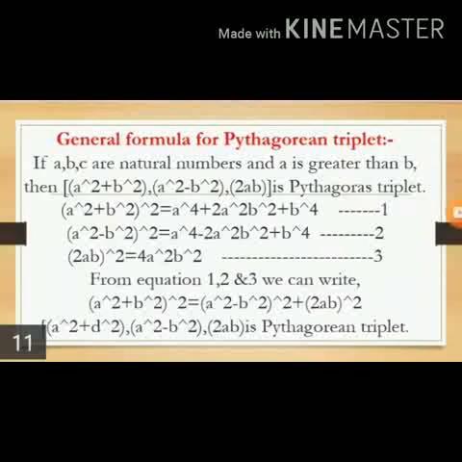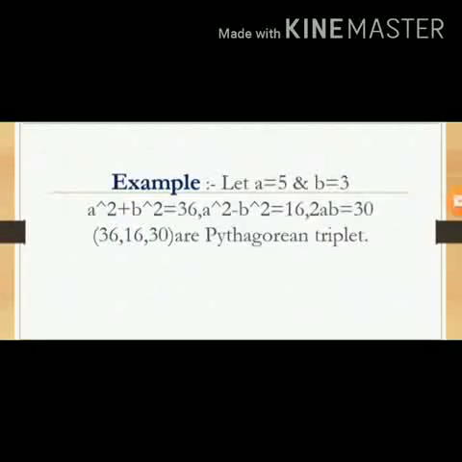Now, using this formula, we can find different Pythagorean triplets. Let different values for a and b, we find the triplets. Let a is equal to 5 and b is equal to 3.